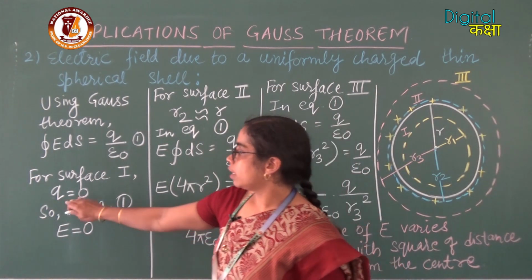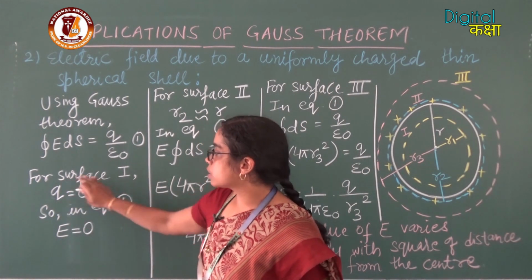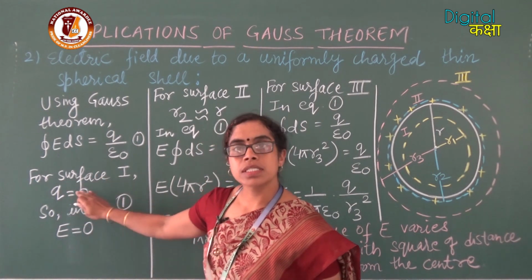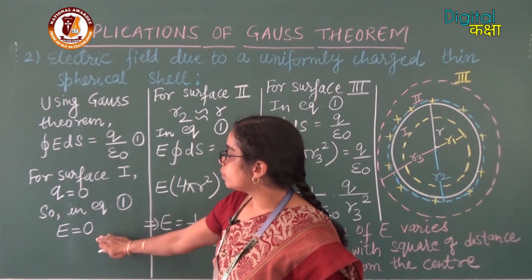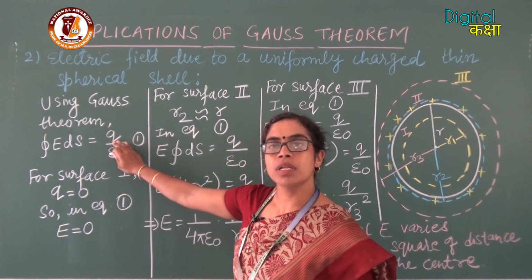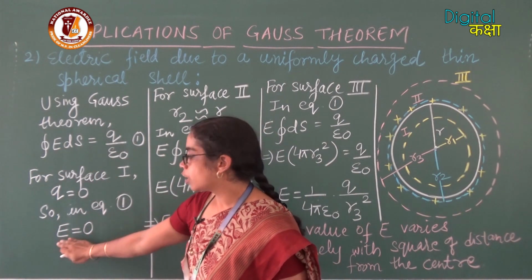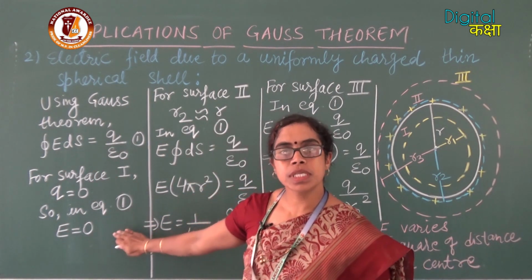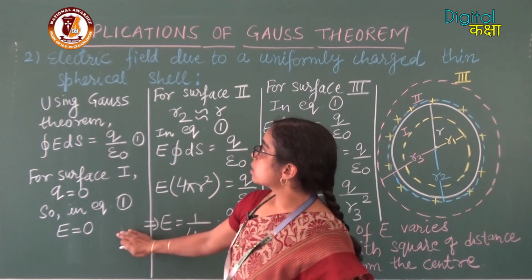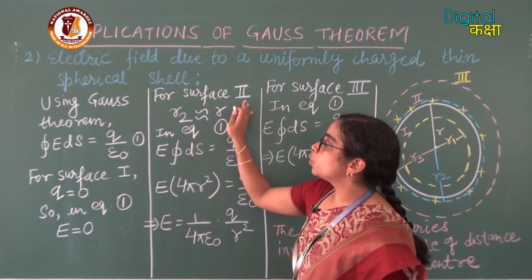Because of that, for surface 1 the charge is 0, and when I substitute this value in equation number 1, I get the value of electric field to be equal to 0. Let us come to surface 2.